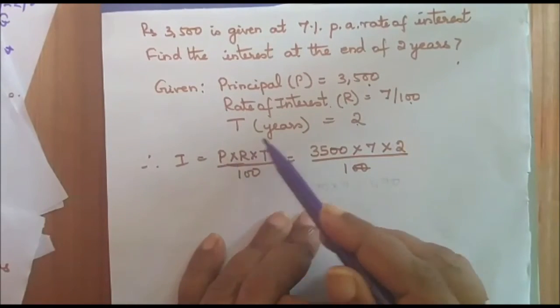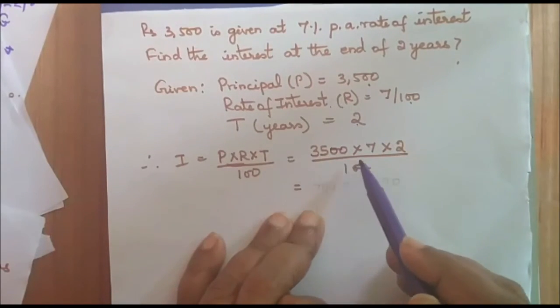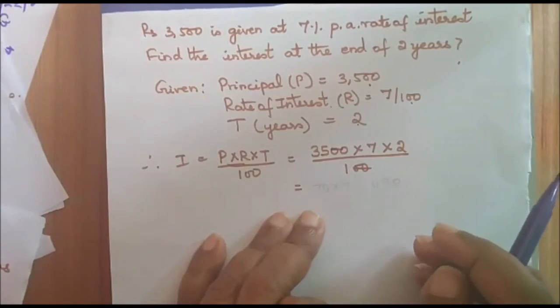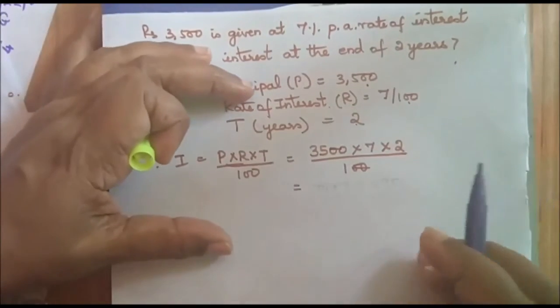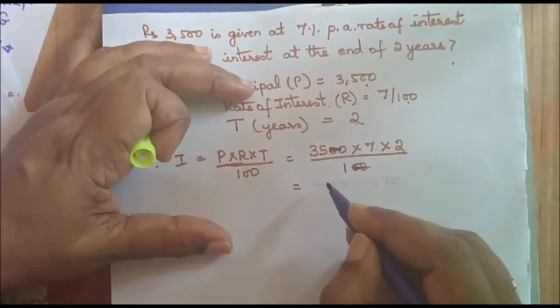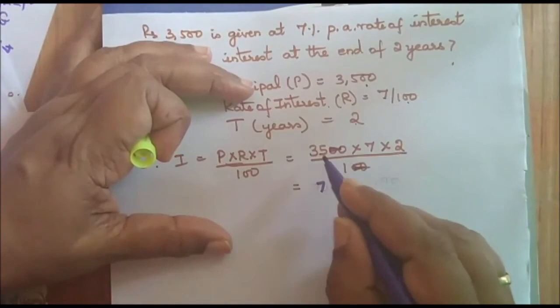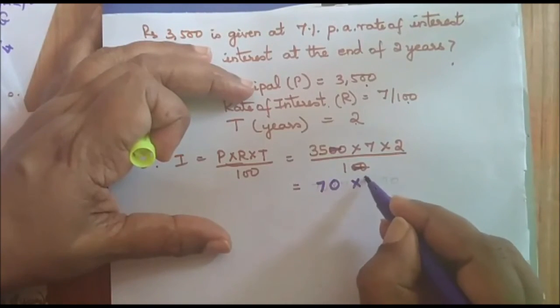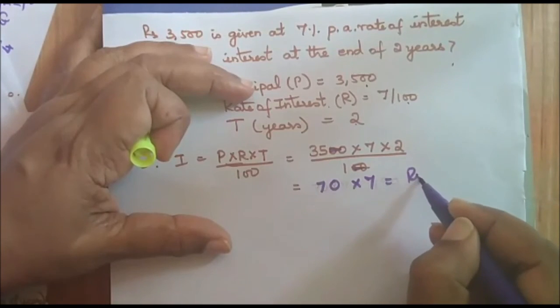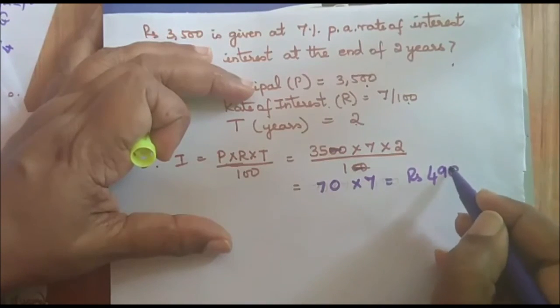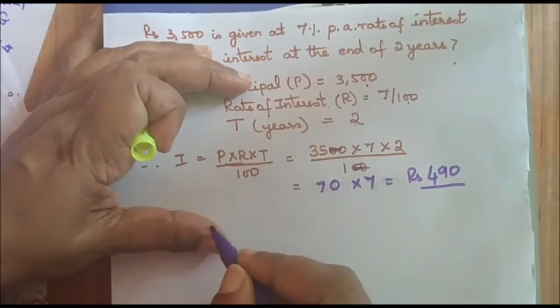We'll substitute everything in this formula, P into R into T by 100. These 2 zeros will get cut. We have 2 into 35 is 70. 70 into 7 is equal to rupees 490, which is the interest you have to pay.